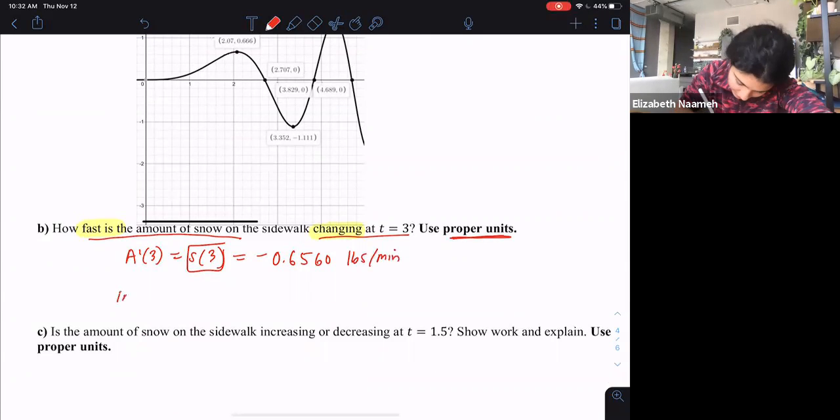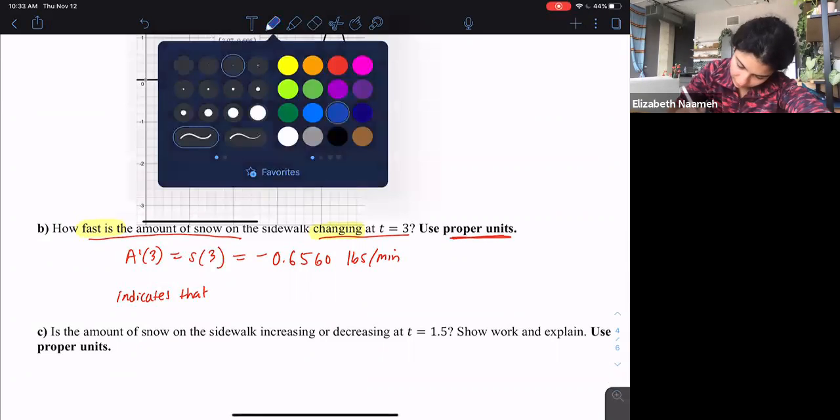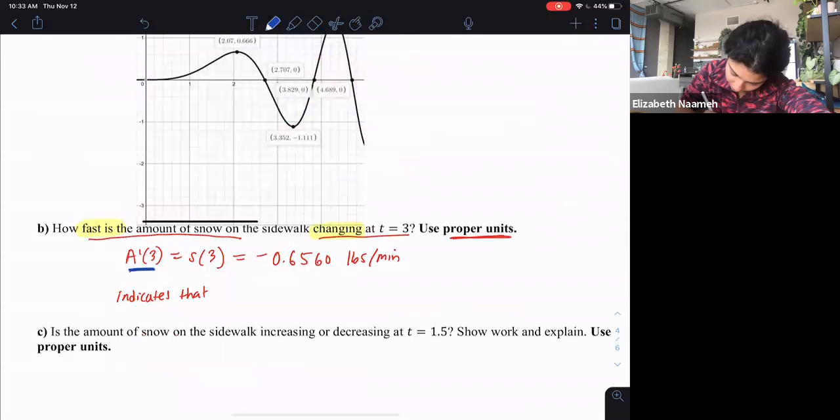So we'll say indicates that. Who can help me? Indicates that what? We'll start from left to right as a reminder, starting with the x value. So at time 3, then we say the y value next.